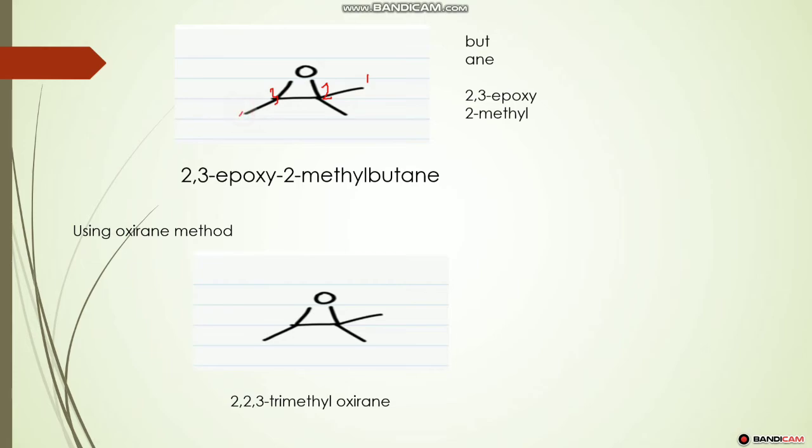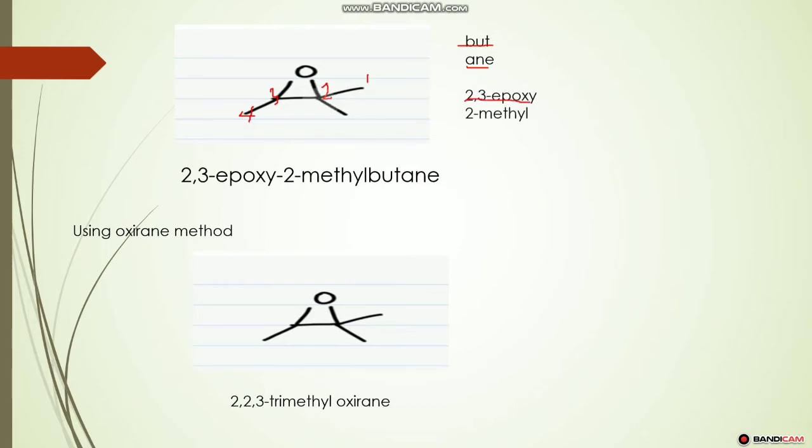3, and 4. So to give the name of this structure, since there are 4 carbons, the first name will be but, and it has a single bond, the last name will be ane. For the epoxide, since the O is attached at carbon 2 and 3, we'll give the name 2,3-epoxy using its prefix.